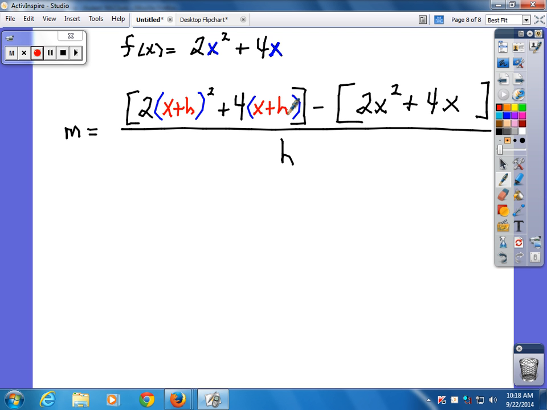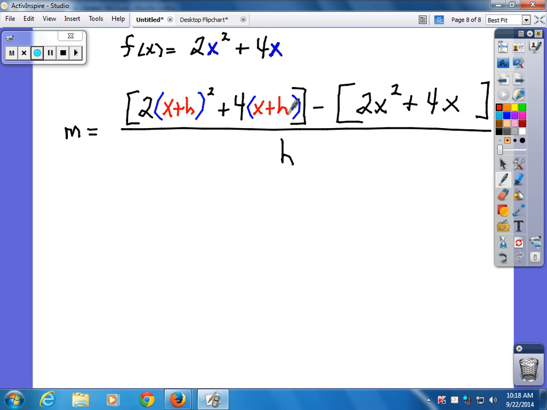All right, what do you not understand? Okay, you know how you color coded. I put the x plus h squared in the very first one, and then on the second one, I put 4 times 2x squared plus 4x. Like you said, what you're doing is you're plugging in f of x into here.